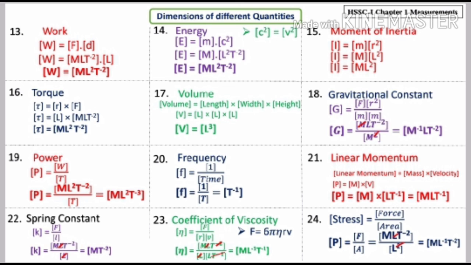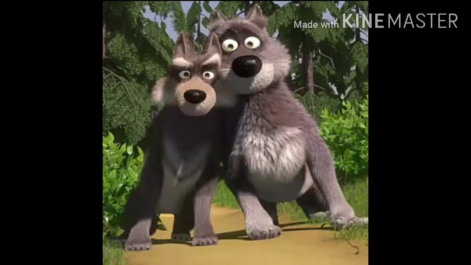So this was the total article. Today we learned about it. This was the total topic related to dimension analysis. First of all, what are dimensions. Secondly, how to solve dimensions of different physical quantities, just like force, work done, energy, power, density, and so on, pressure, stress, volume, area, and viscosity.